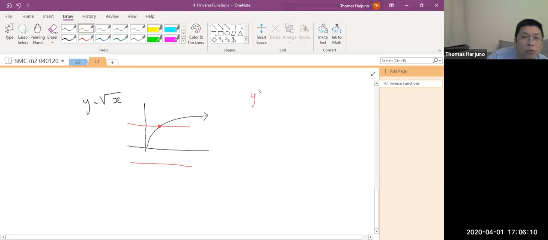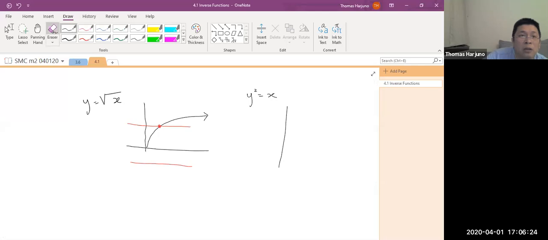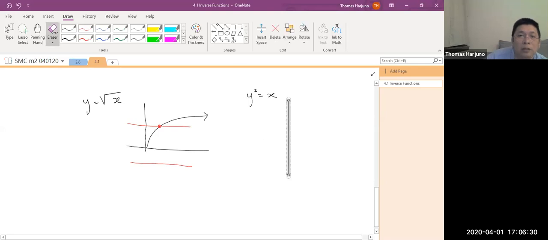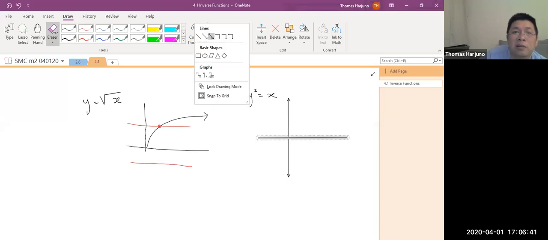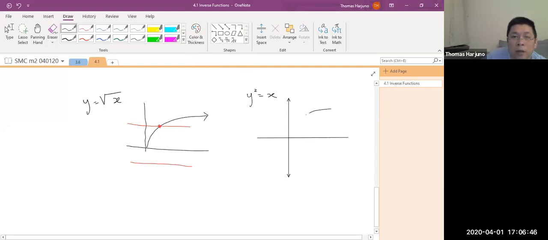Y squared equals x. The graph is approximately as follows. Here's the curve. The graph of y squared equals x looks approximately like this.